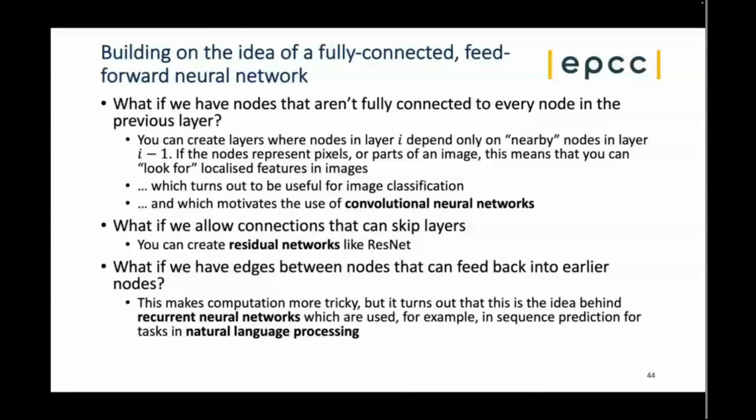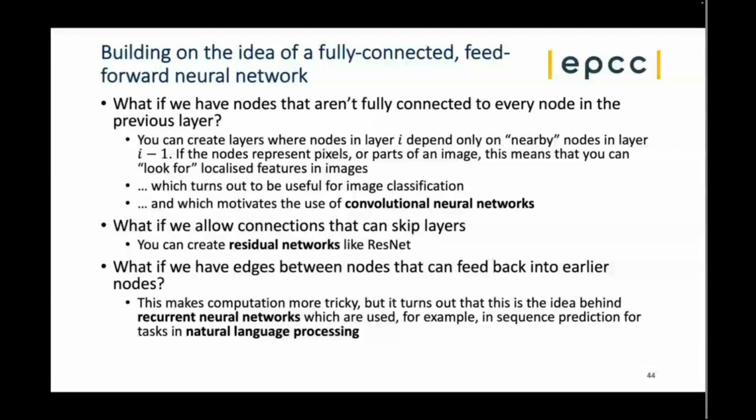So some of this has already been picked up in some questions, but this slide leads on to the directions that we'll go next. How can you build from this simple neural network, where it's fully connected and everything flows just backwards and forwards, into other more complicated things? So what happens if we have nodes that aren't fully connected to every node in the previous layer?